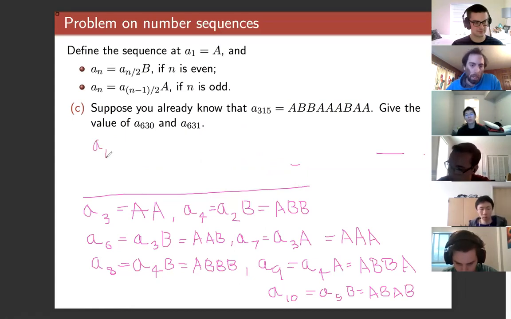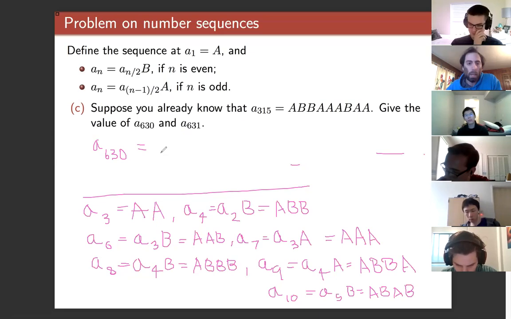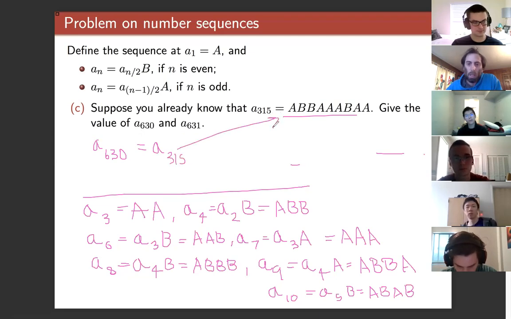So A630 is just going to be A of n over 2 times B, or A315 times B, and A315 is this. So let's not write it down just because of time, but it's that thing. And then we're going to multiply by B. So that would be A630. And then A631 would be done in a similar manner.